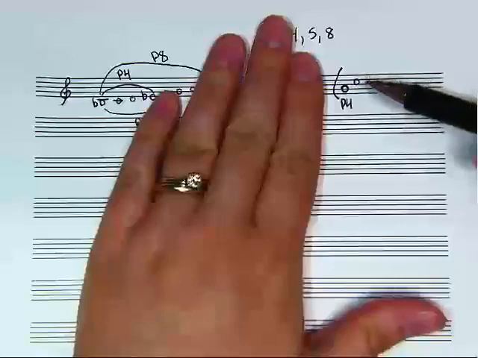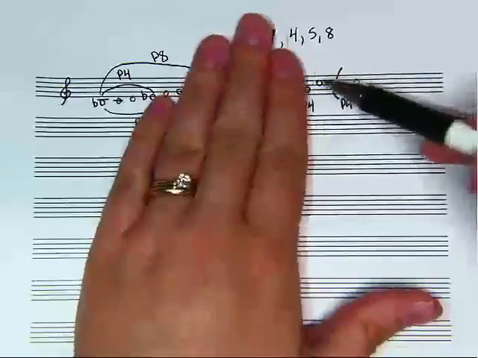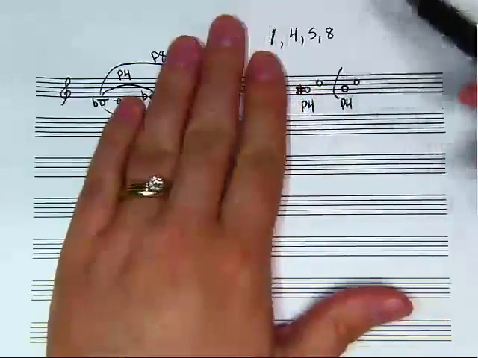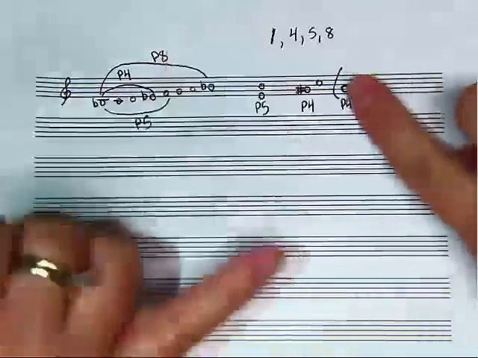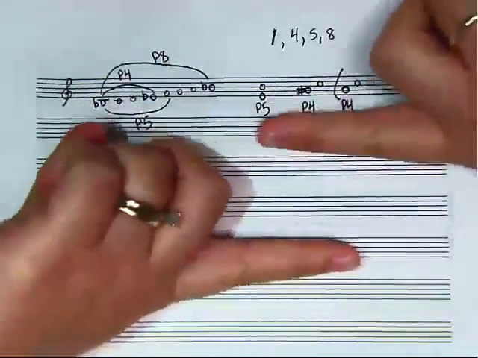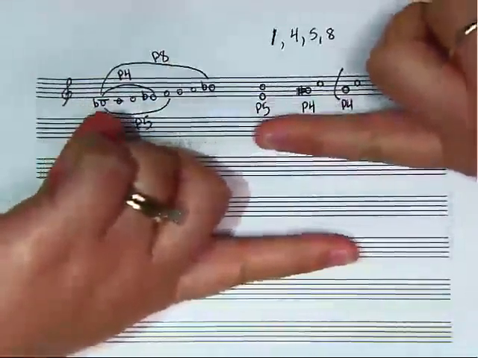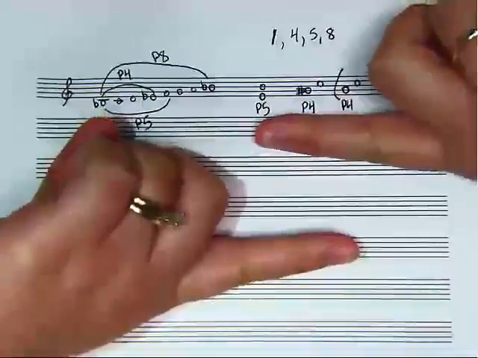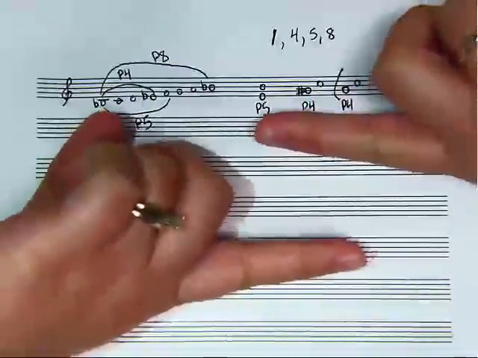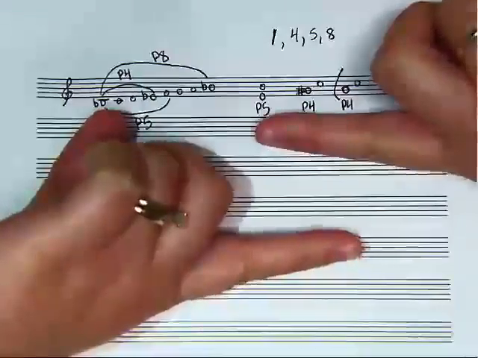Good. So how can I translate that back to my problem is the question. Well, I'm going to use my fingers again to show distance. If I have G here and C here, this is exactly a perfect fourth, but I'm not talking about a G, I'm talking about a G sharp. So the bottom note is going to move up a half step to G sharp. But if I want this distance to stay the same, I need to move both of them up.